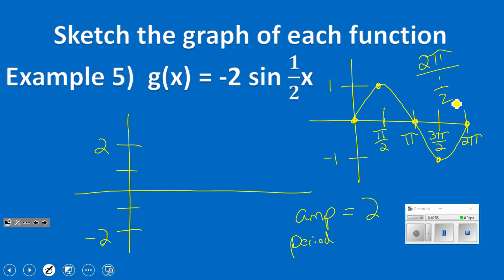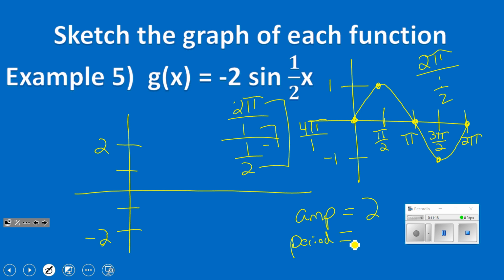Let's try this. 2 pi is a fraction, divided by. So what can I do? It's 4 pi. 2 pi times 2 is 4 pi, and 1 over 1 is 1, and 4 pi divided by 1 is 4 pi. So what am I doing this time?